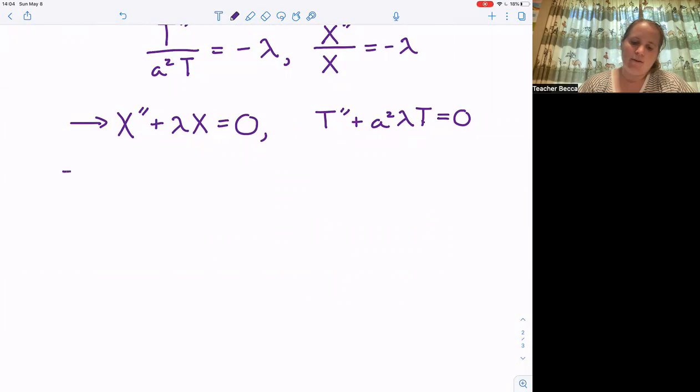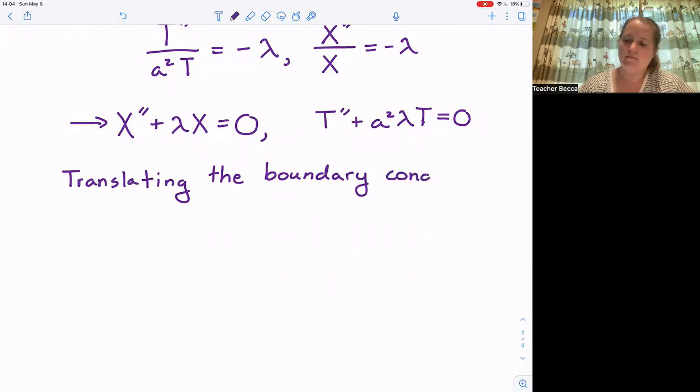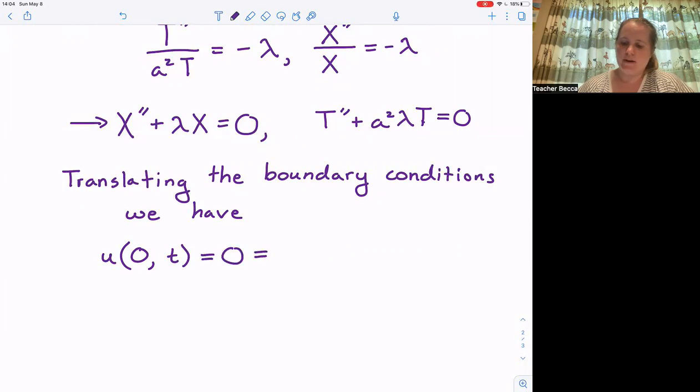If we translate the boundary conditions, we have u of 0,t is equal to 0, and this should be equal to X of 0 times T of t for t greater than 0.